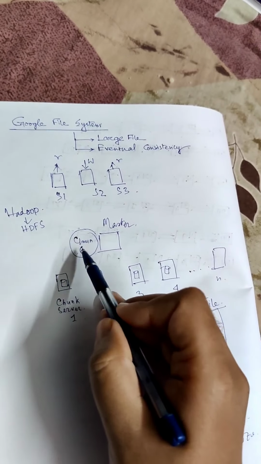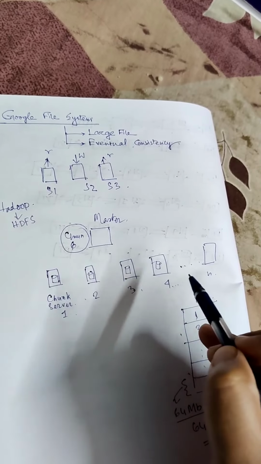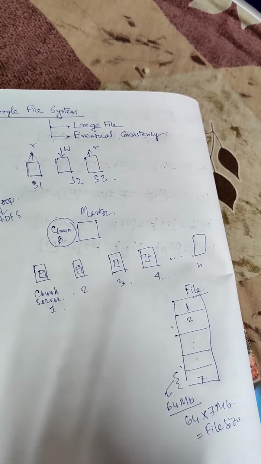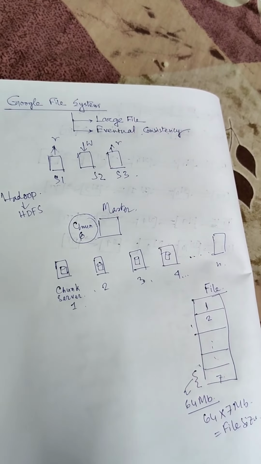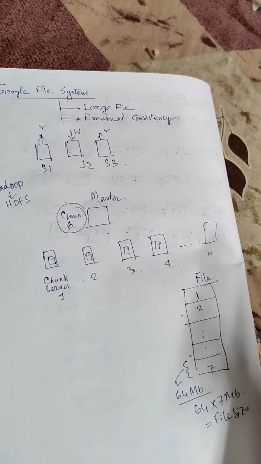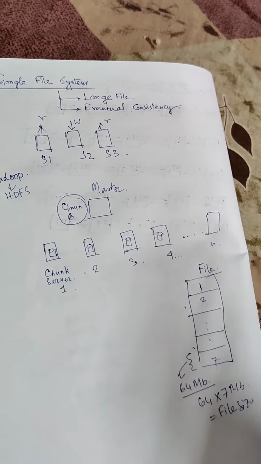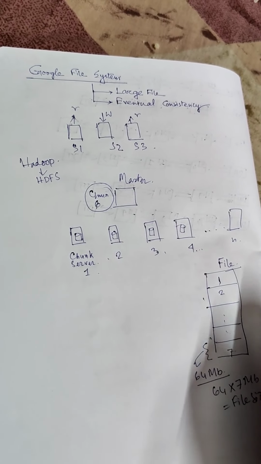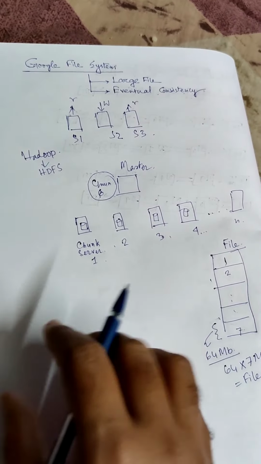Then the master will keep chunk 6 on, say, chunk servers 2, 3, 4, three different chunk servers, or 3, 7, 9. Now the question is, why does the master do that? It's very simple: to make it more available and fault tolerant. So if anything goes down, anyone can pick up and take the responsibility.